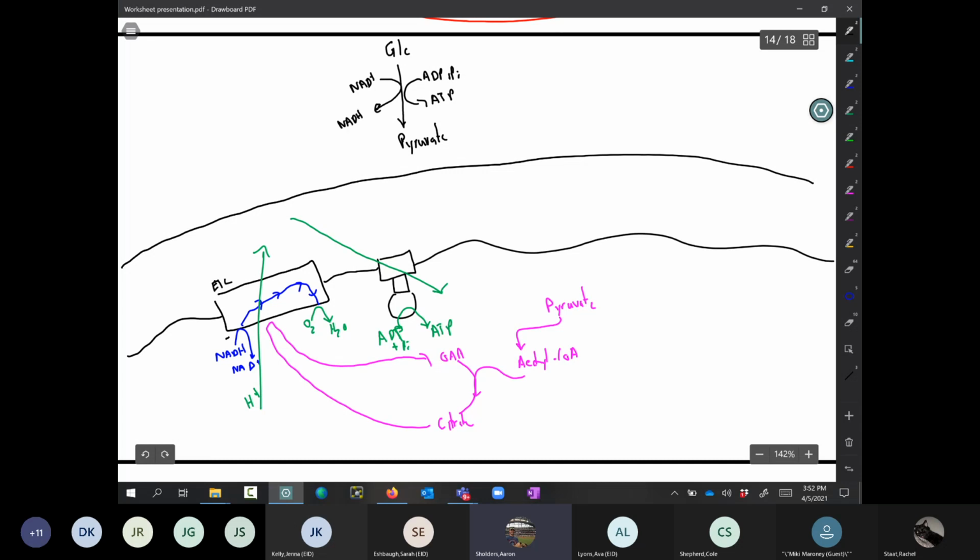Great. And then of course this flows through here, and there would have to be some transporters there, so we'll put a transporter there. There we go. So that's the connection between all this stuff.